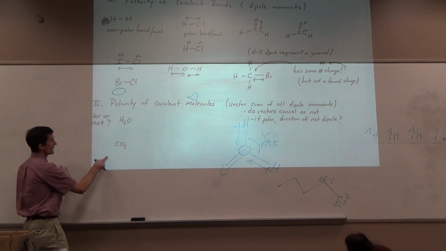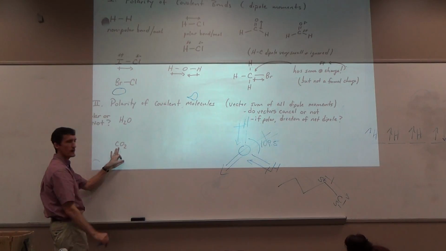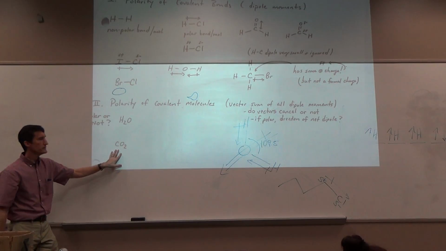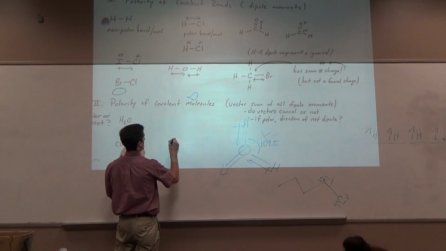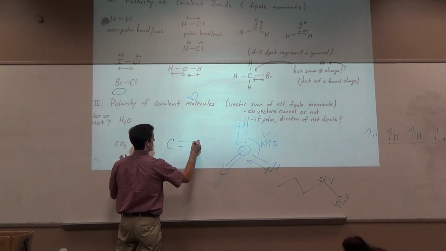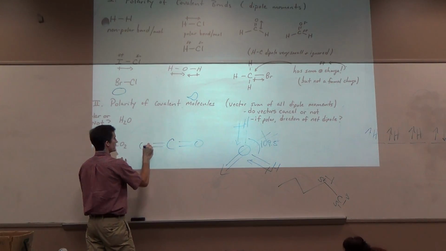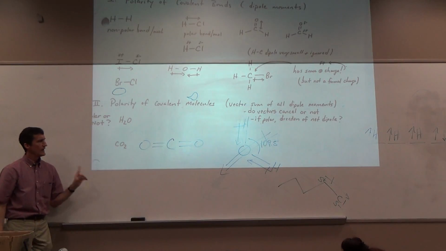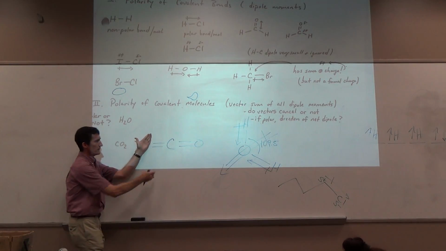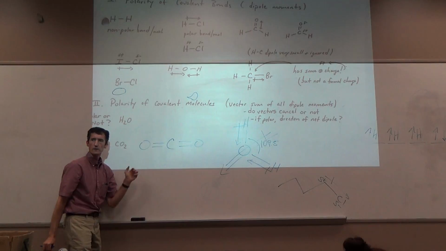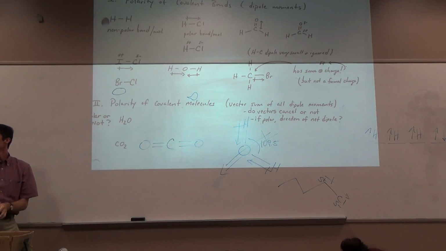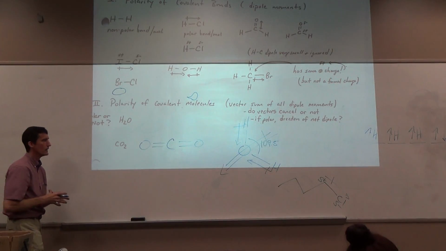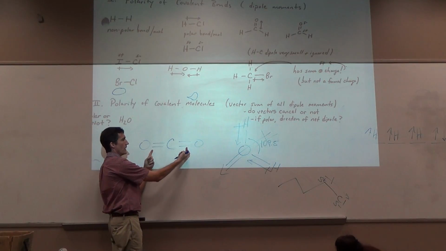CO2. Polar or non-polar molecule? Non-polar. Why do you say non-polar? Cancel. If you draw a Lewis structure, you're going to get this. Is it linear like that, or is the other oxygen sort of like this? Linear. How do you know it's linear? Two regions, sp.